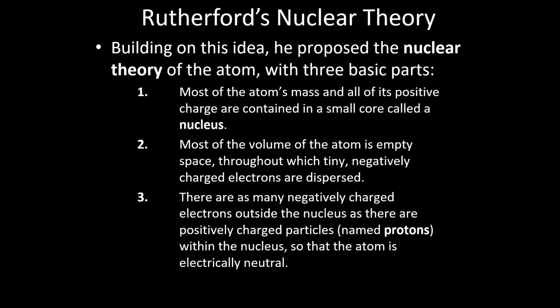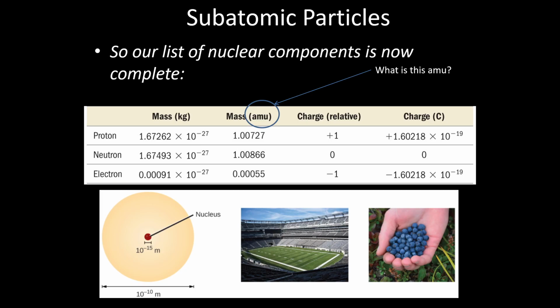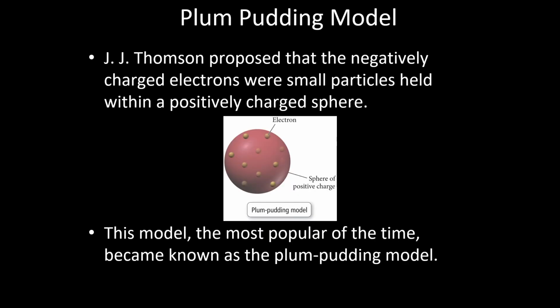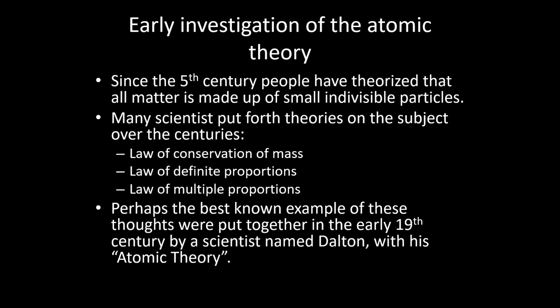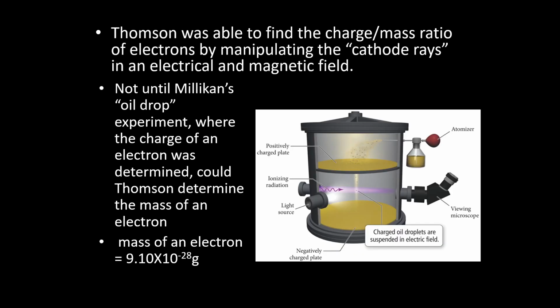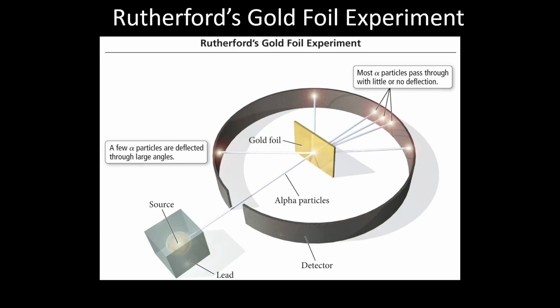So that is the theory that you have the nucleus in the center with almost all of the mass, and then the electrons around it. So those are as far as the history stuff there, that's all I expect you to know. So again, just to reiterate, Dalton had the atomic theory, Thomson discovered the electron, Rutherford developed the nuclear theory.